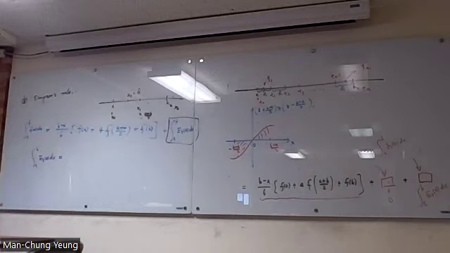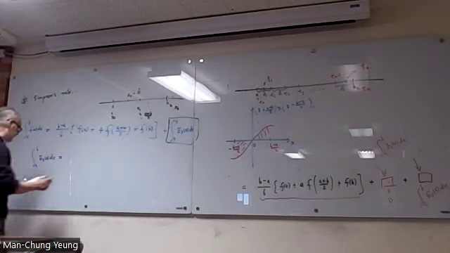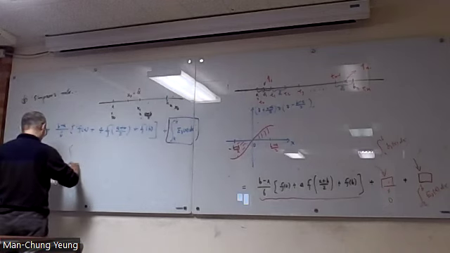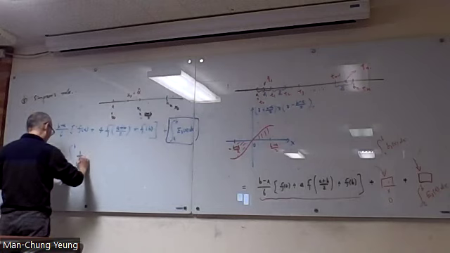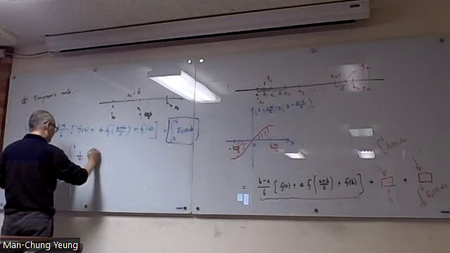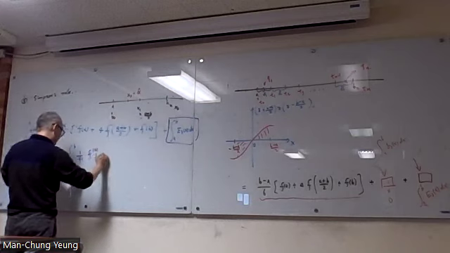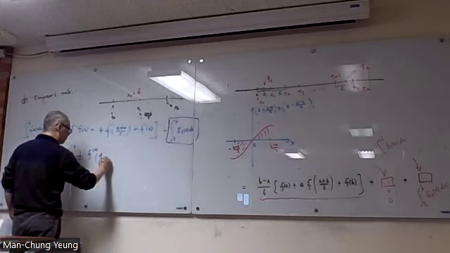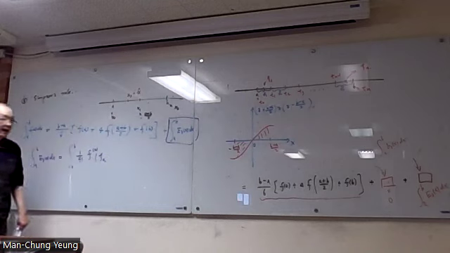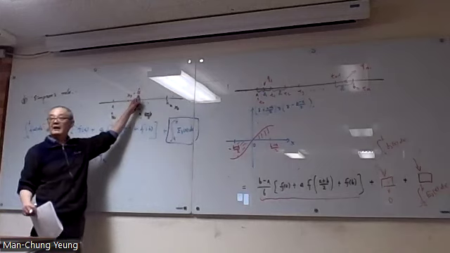We need to recall what the error is. The error is the integral from a to b of 1 over 4 factorial times f fourth derivative at xi, some point that depends on x and also depends on x hat.